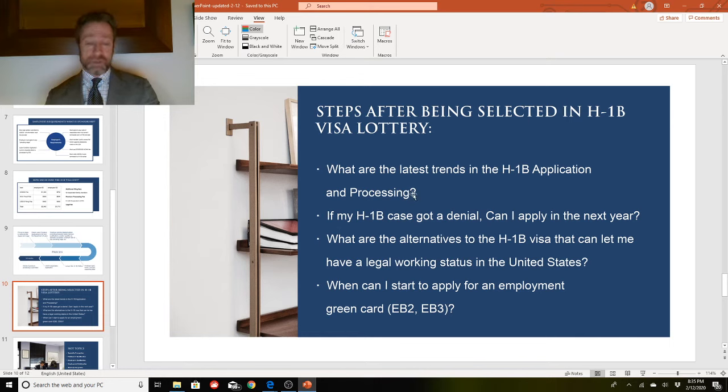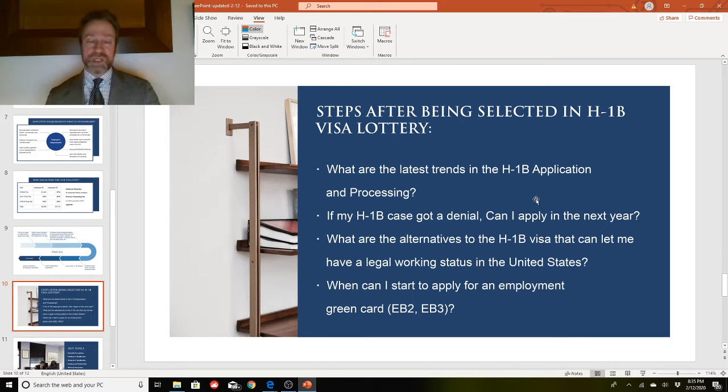Now, if unfortunately you are not selected for the H-1B lottery, then we often have to discuss other options, which might be another F1 student visa or other options like that. Now, if you are selected for the H-1B visa and are approved and would like to apply for a green card, you can do that immediately.